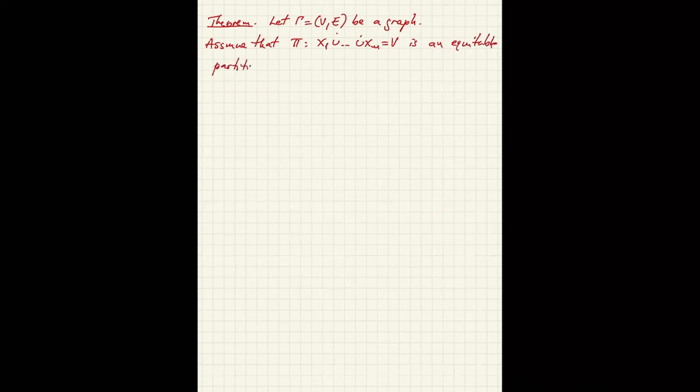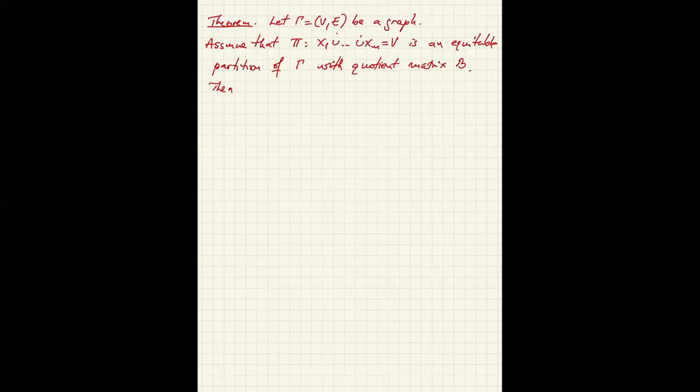As before, we have a graph, let gamma be a graph, and assume that pi is an equitable partition of gamma with quotient matrix B and characteristic matrix P.